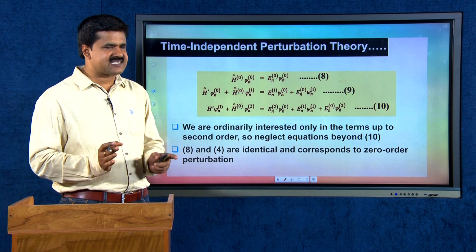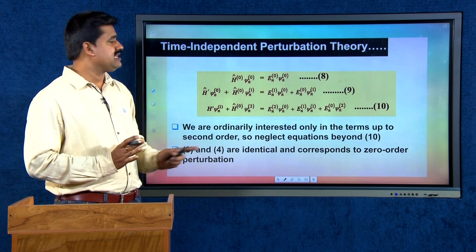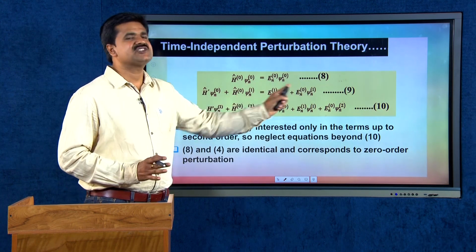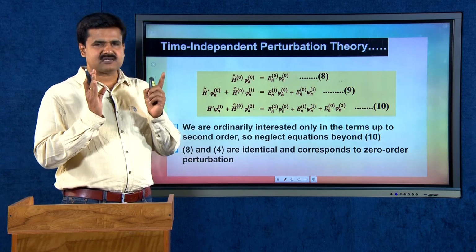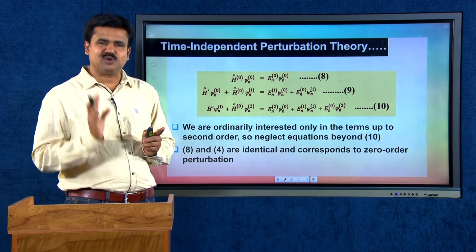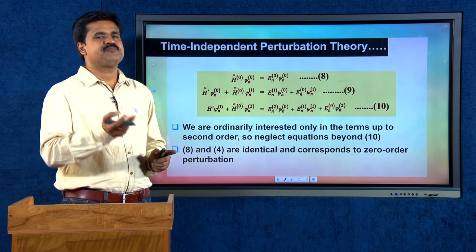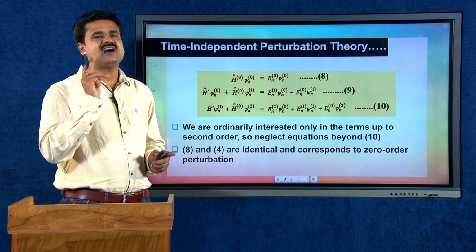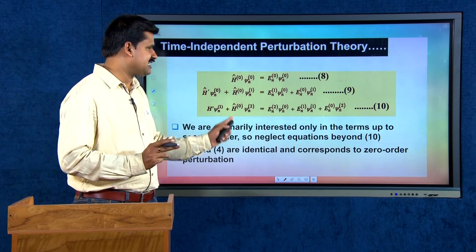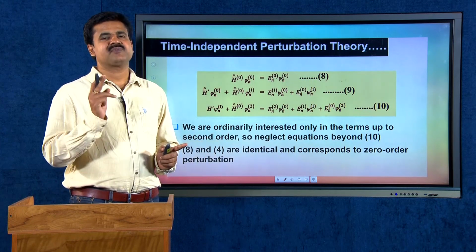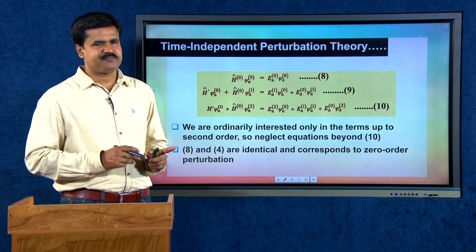And for discussing first order perturbation theory, we have to begin from equation 9, where each term represents first order. And for discussing the second order perturbation, we have to begin from equation 10, since each term has power equal to 2.